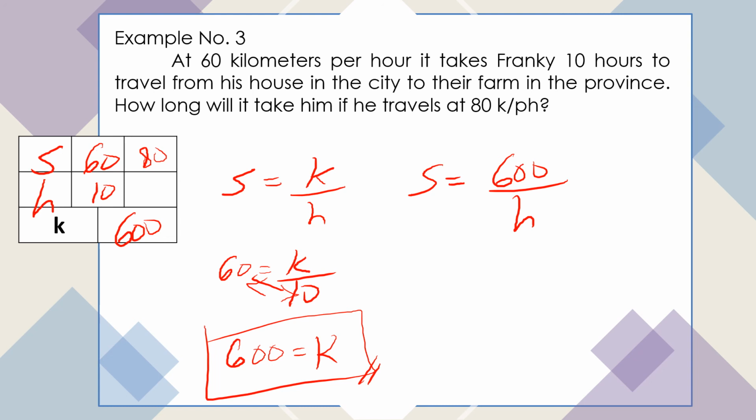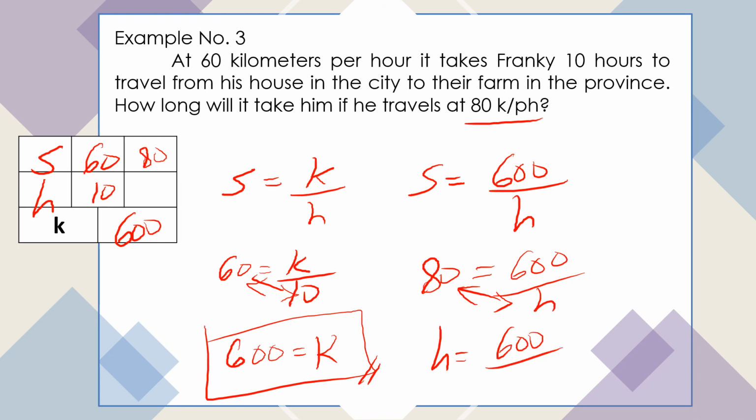Okay, how long will it take him if he travels 80 km per hour? Ibig sabihin yung speed niya is 80. Then, 600 over H. Then, pagpalitin lang natin tong dalawa. Siya magiging H equals 600 divide 80. That would give us 15/2 or 7.5.